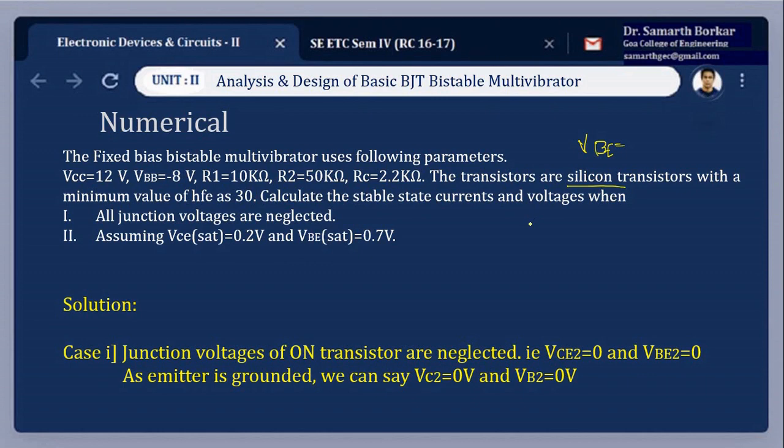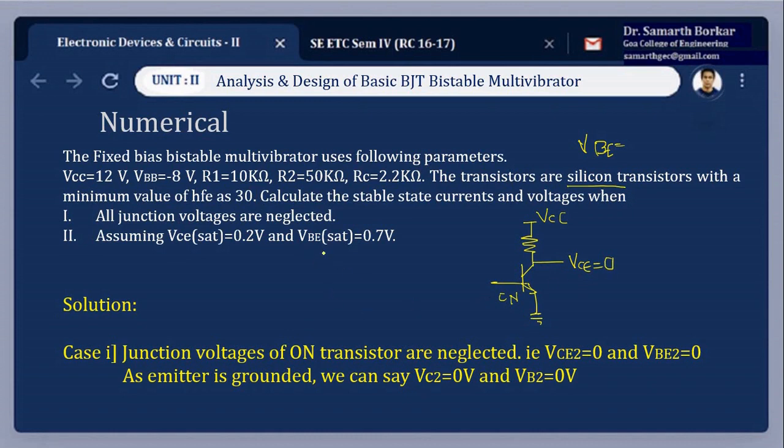If I take a transistor as a switch, let us mark this as VCC. There is a resistor, and the other end is connected to ground. If the transistor is on, then a heavy amount of current passes through this device, and the output voltage is considered to be 0. So we say VCE equals 0.